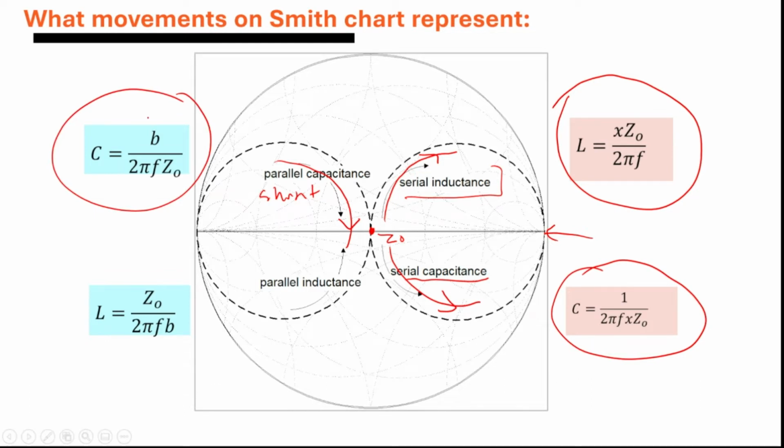If on the other hand we're moving in a counterclockwise movement, we are adding a shunt or parallel inductance, and this is the equation that we're going to use to find the inductance.